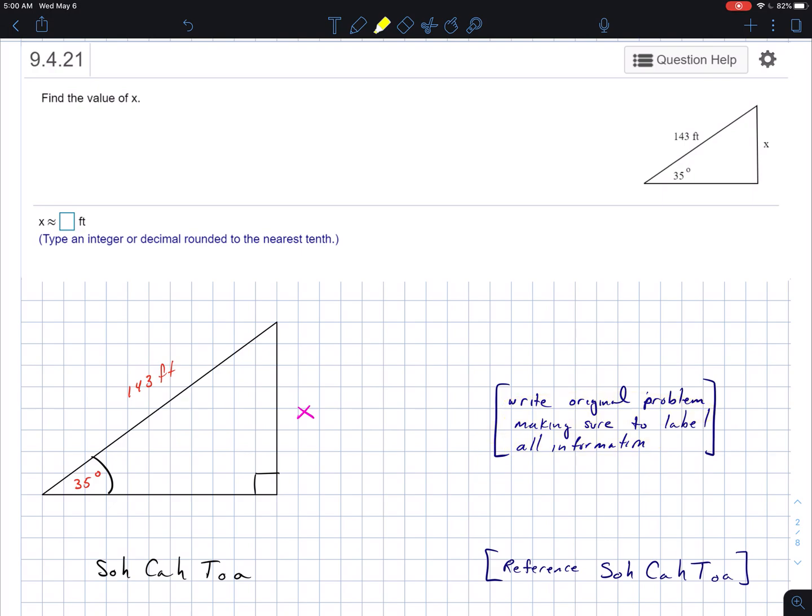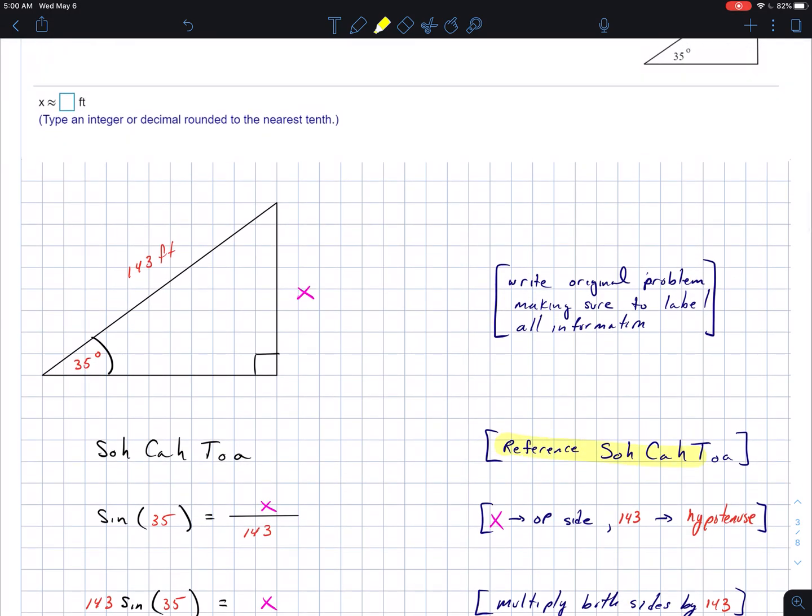Now, given that we're reviewing SOHCAHTOA, what parts of the triangle do we have? We have an opposite side to 35, and we have a hypotenuse. That strictly indicates that what we're looking at is the sine. Why? Because it's opposite over hypotenuse.